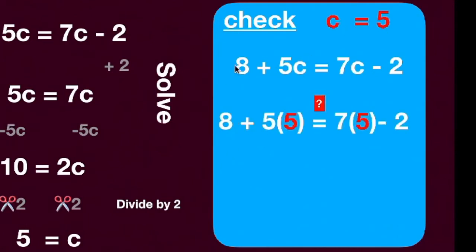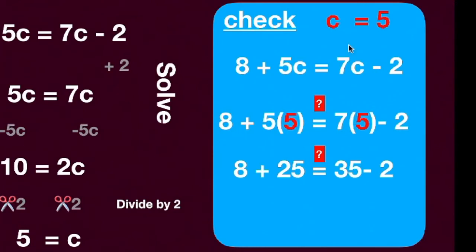So we get, as you can see, nothing has changed here. The only thing we have done, we plugged the 5 into c, as you can see here. And we are asking ourselves, is this equal or not? Then we do the operation. 5 times 5 gives 25, and 7 times 5 gives 35.